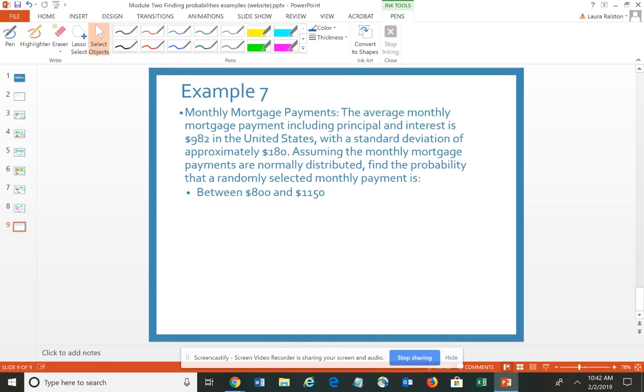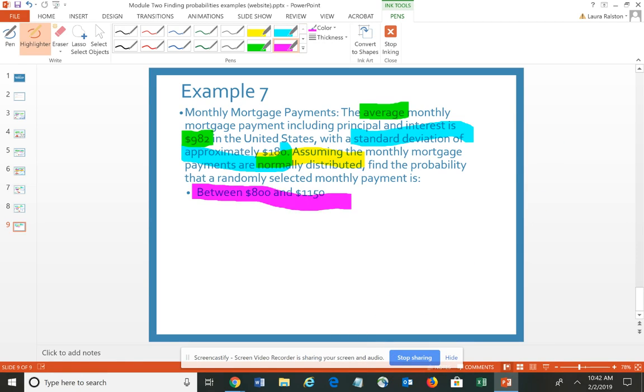One more. Still dealing with the mortgage payments. Again, they tell us in the story it is normally distributed. They tell us that the average is $982. They tell us that the standard deviation is 180. And this time we want to know the payment is between $800 and $1,150.